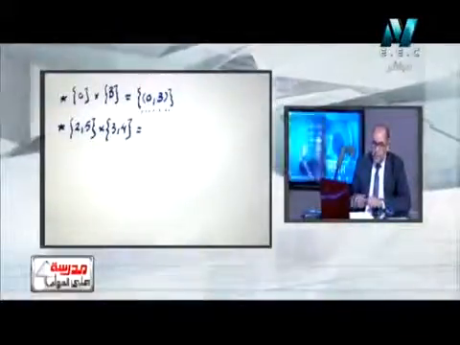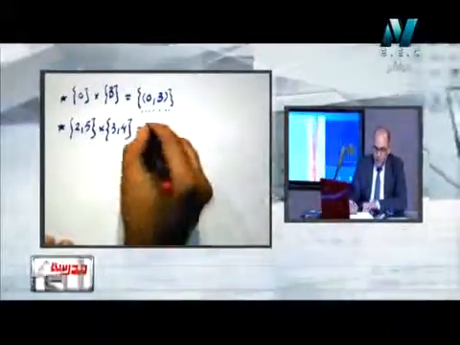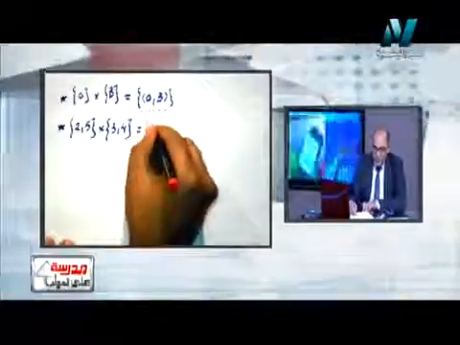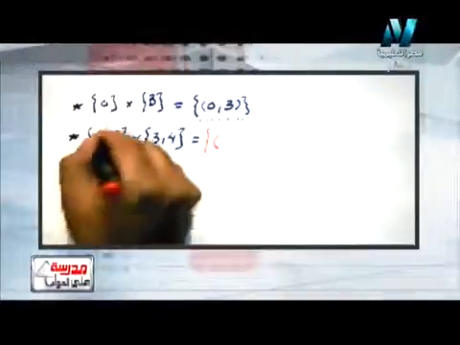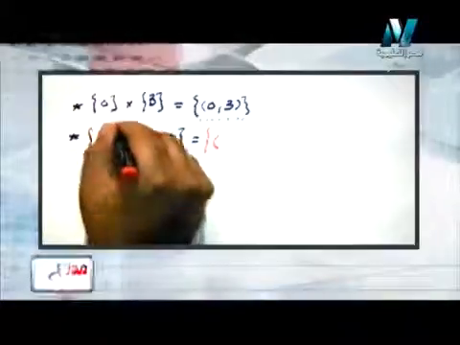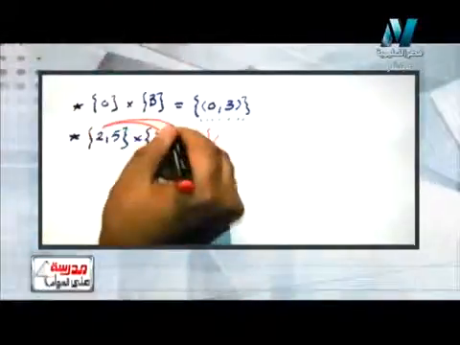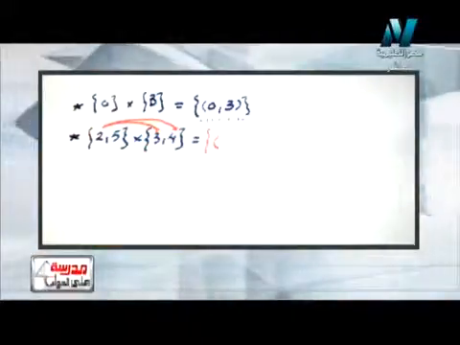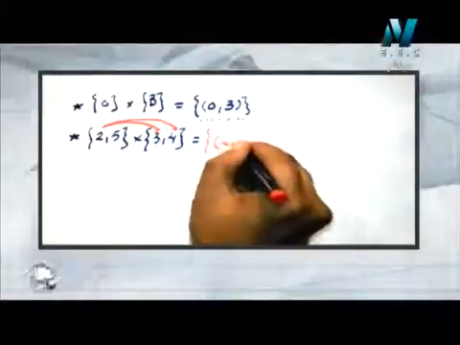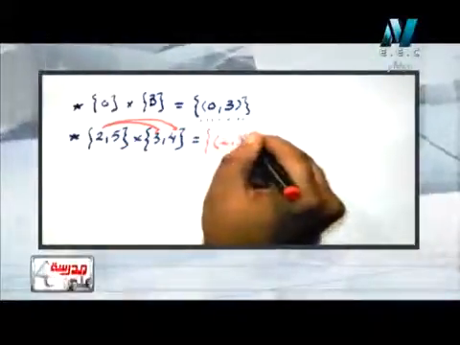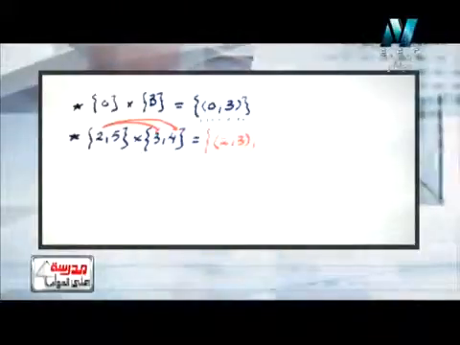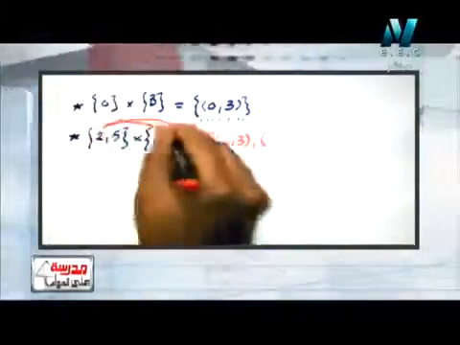We just distribute, as we learned before. Make two braces. The first element is 2 distributed to 3 and 4. It will be 2, comma 3, the first ordered pair, then 2 and 4.